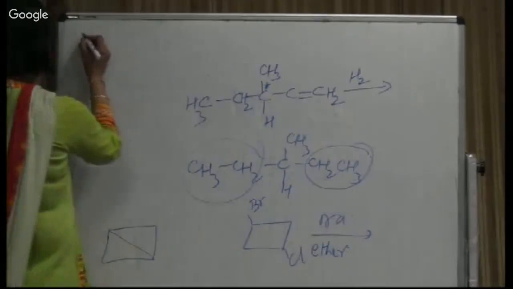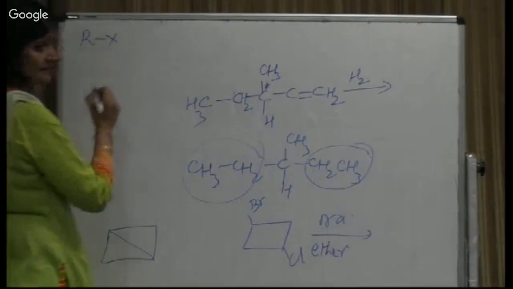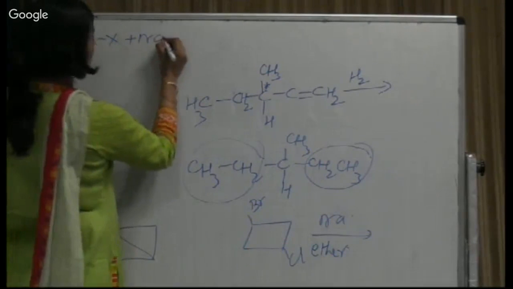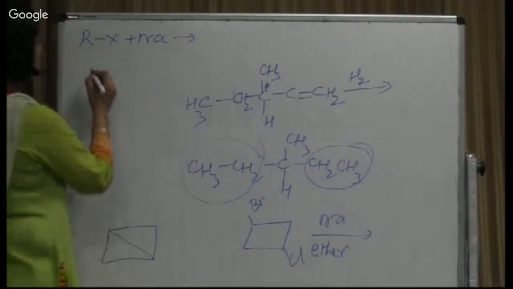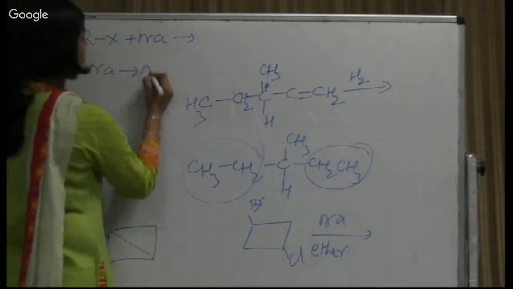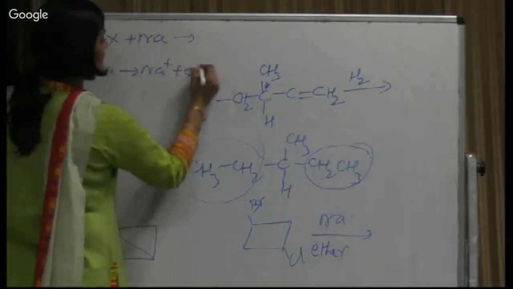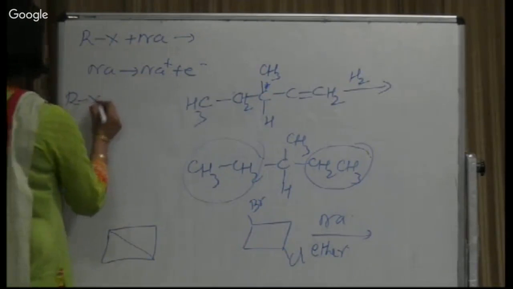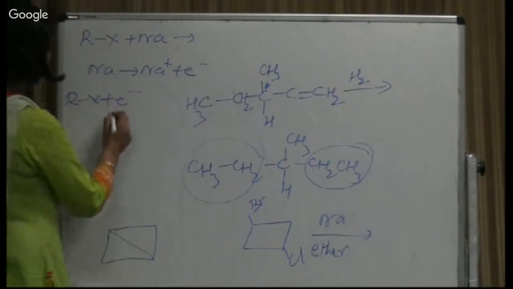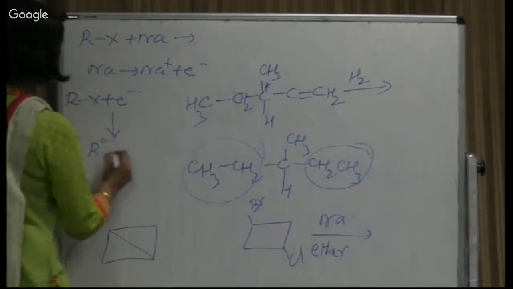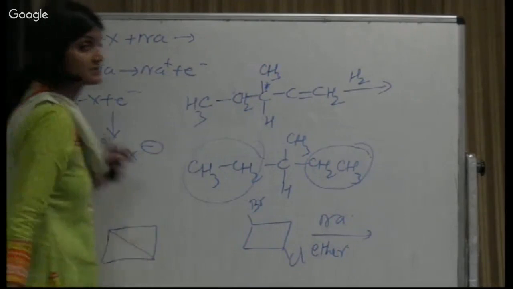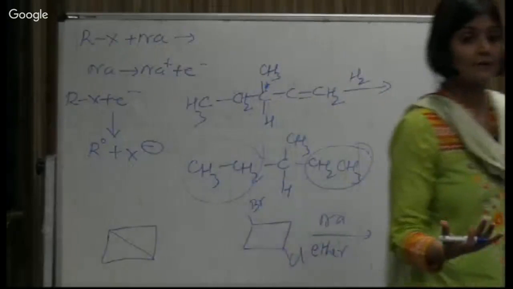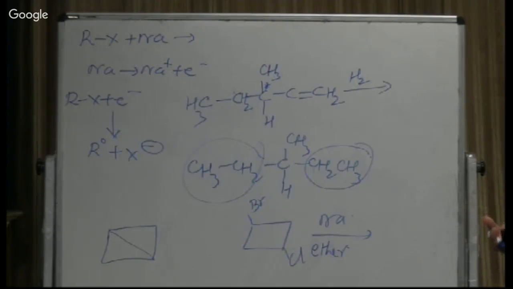देखो, if you have an alkyl halide and you are reacting it with sodium, ठीक है? How does the reaction take place? Sodium will ionize to give you sodium ion and electron. ठीक है? This alkyl halide will combine with electron and it will give you R free radical and X minus. So basically in the Wurtz reaction what happens is you have a free radical being generated at the center where it was attached to halogen.